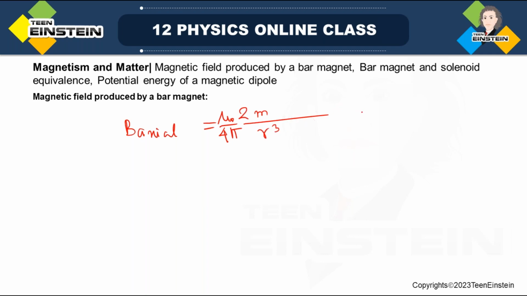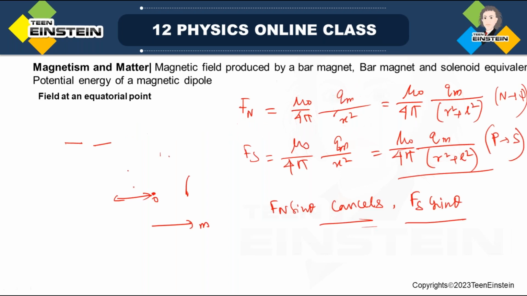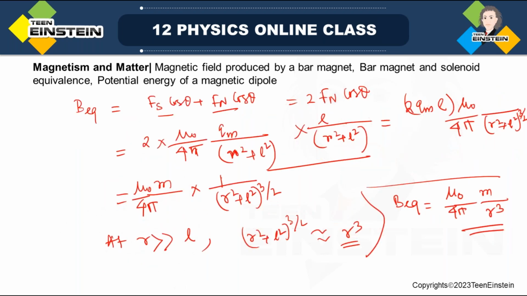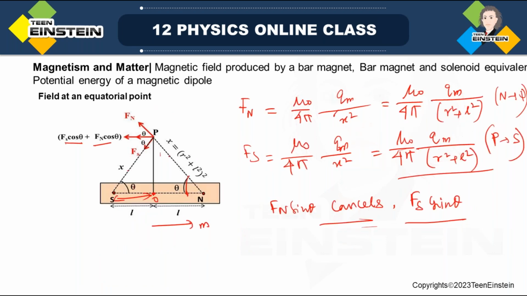And this was along the direction of m, if I write it vectorially. But here you can see I have half of this, and this is just in the opposite direction.